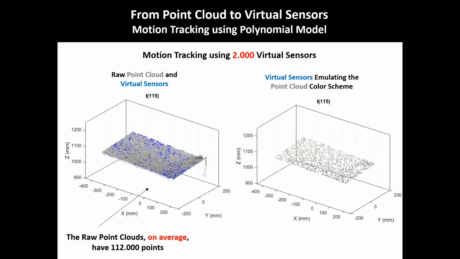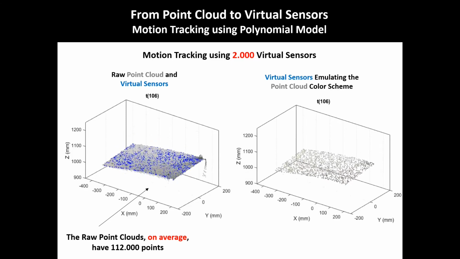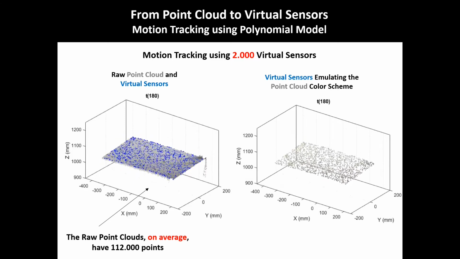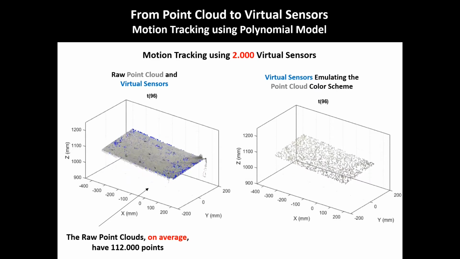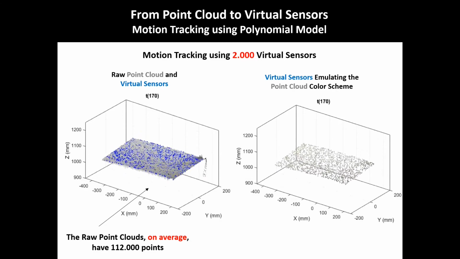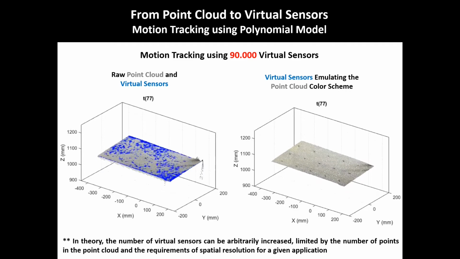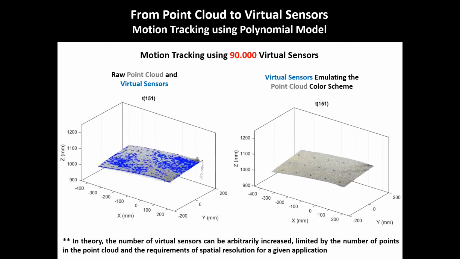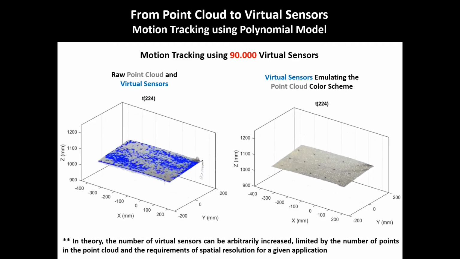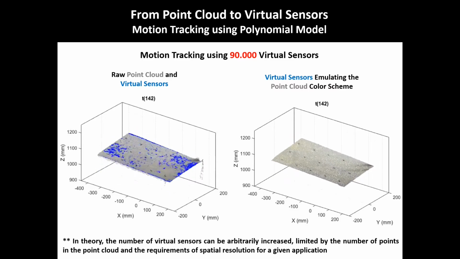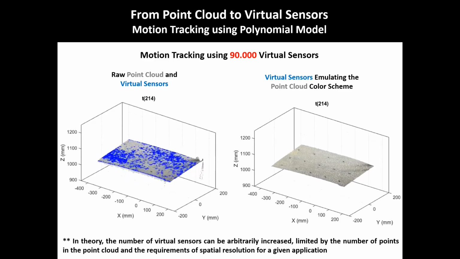This is because the number of points in the dynamic point clouds is changing due to a series of reasons, including noise and imperfections on the structural surface, making vary the number of reflected light beams, and then dynamically changing the number of points in the cloud. Following this approach, in theory, the number of virtual sensors could be arbitrarily increased, making feasible extremely high-resolution full-field model identification with the use of dynamic point clouds.